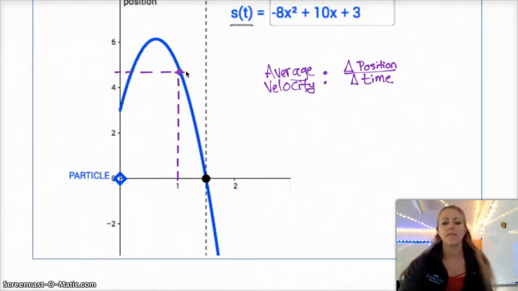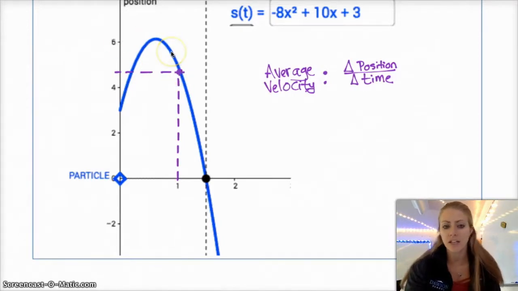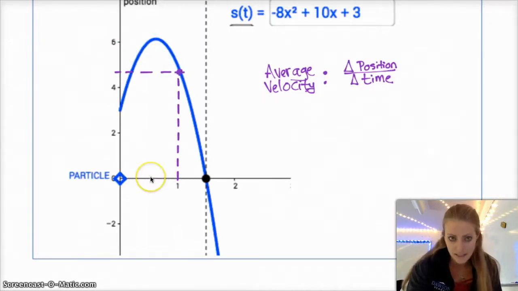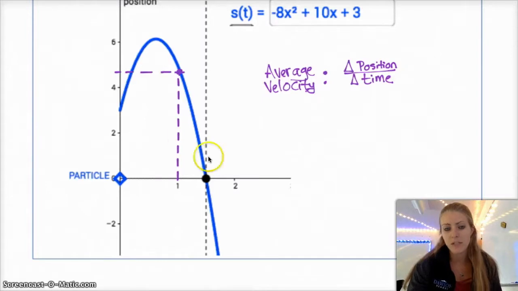So at this point, we have to look at the average speed. You might look at the position at 0.5 seconds and the position at 1.5 seconds, find the difference between those positions, find the difference between time, and you find the average velocity.